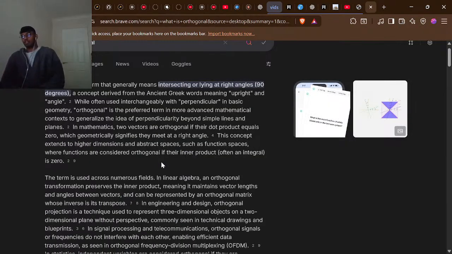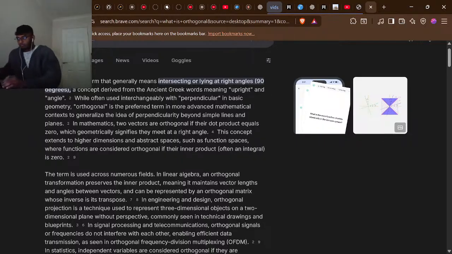Means intersection or lying on a right angle. So that's what I mean, right angle. Upright angle. Okay.